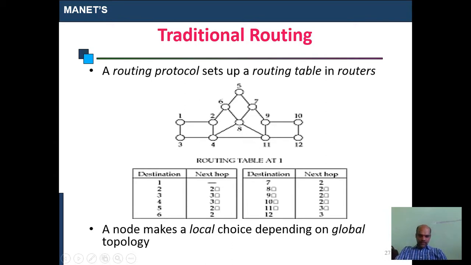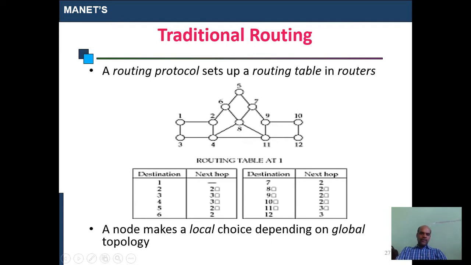The neighboring nodes of 1 are 2 as well as 3. If the source is 1 and the destination is 1, there is no next hop, so this is represented by empty.